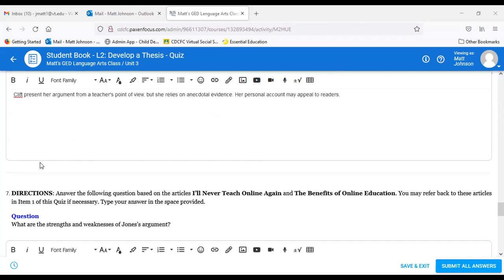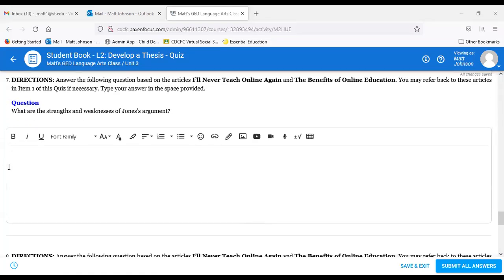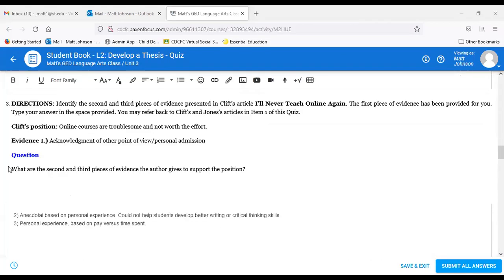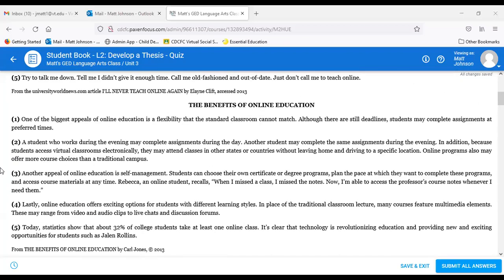And then we do the same thing for Jones. So thinking now about Jones's argument, what do you see as his strengths and weaknesses for his passage? What is his viewpoint?